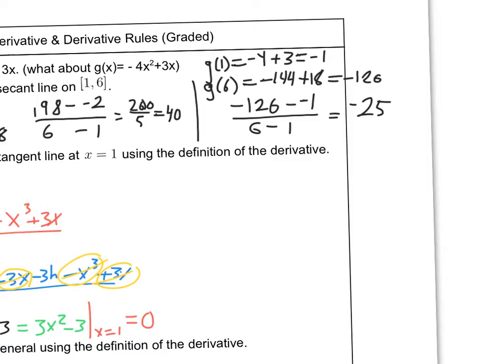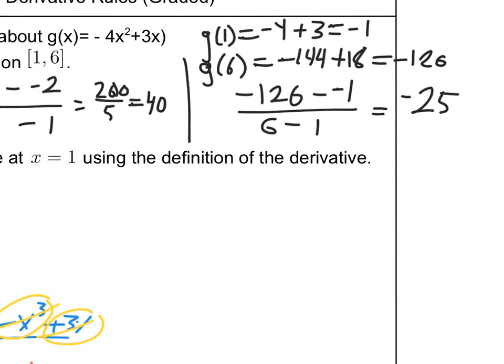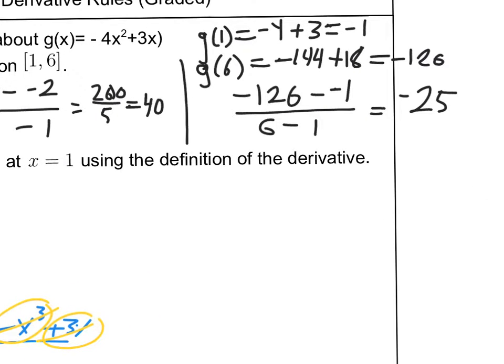For the other one, I'll do the alternative definition for a derivative at a point. And that's going to be the limit as x approaches a, in this case that's 1, of g of x minus g of 1 over x minus 1. So let's plug this in.